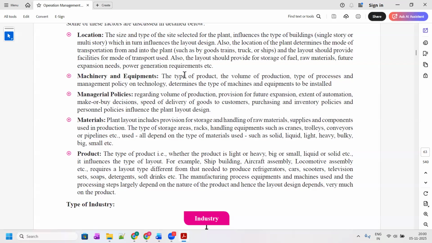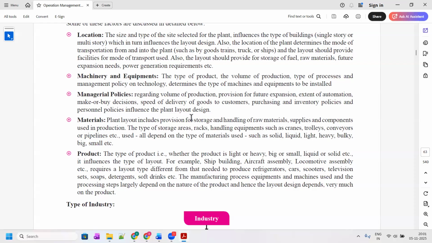Then when we talk about product, we are talking about how the layout depends on the type and nature of the product. It can be heavy or light, big or small, liquid or solid. For example, shipbuilding or aircraft assembly need large space and spatial arrangement, while a soft drink company needs very small space with continuous flow production.